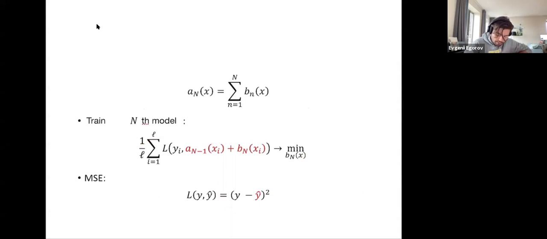In an MSE loss, usually this one is a data point that we observe, and this is the prediction from the model. In our case, the prediction of the model is this whole part, so we take the old part of the ensemble here. We could write it maybe.